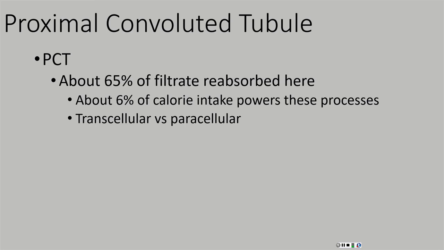It is a single layer thick. The tubules are made of simple squamous or simple cuboidal, or in some cases, simple columnar epithelium. And as that substance moves through, it's going to pass through that single layer of cells.